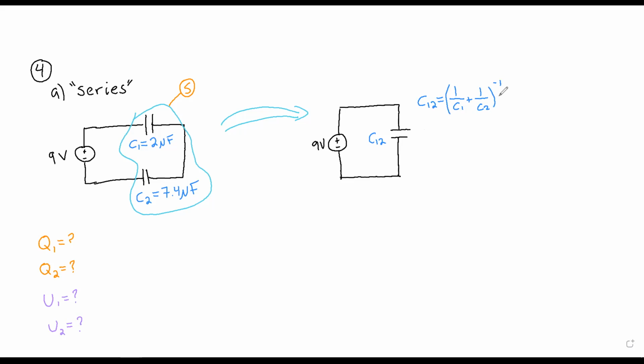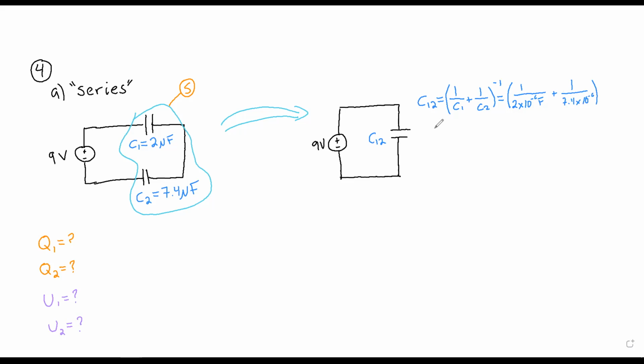I'm going to trust you guys with the calculation, so I'm just going to write it down here. It's going to be 1 divided by 1 times 10 to the -6 plus 1 divided by 7.4 times 10 to the minus 6.